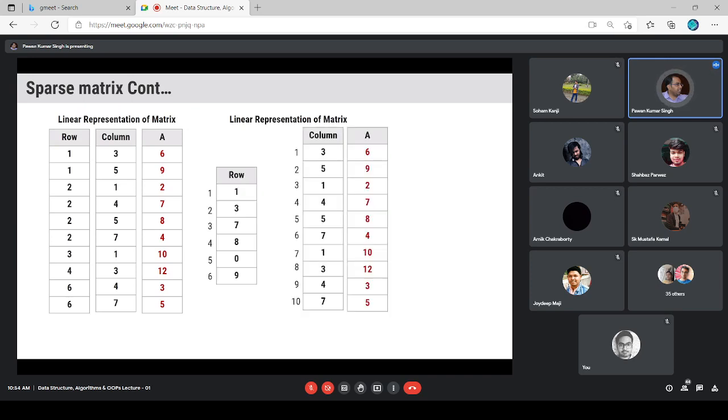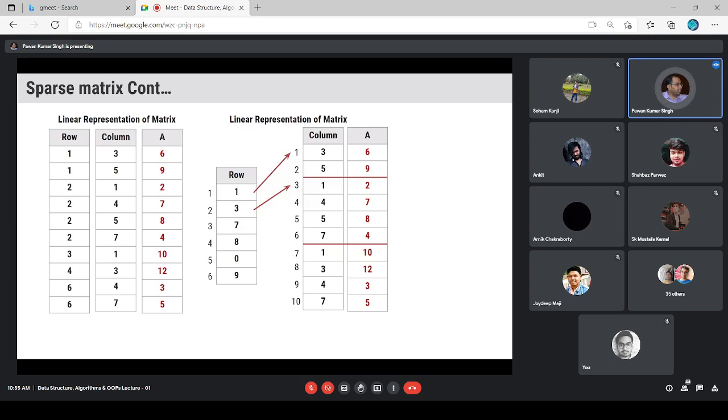So this was our matrix previously, and see how we can further reduce it. We have written 1 2 3 4 5 6, since we have 6 rows. And we are saving the index number of the first entry of each row. The index number of the first entry of row 1 is stored as 1.